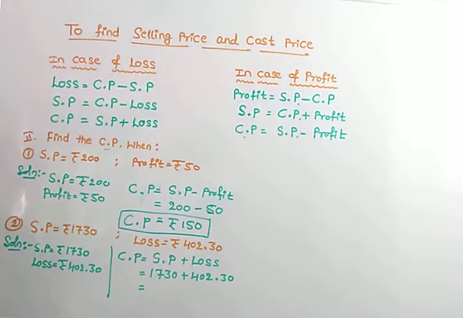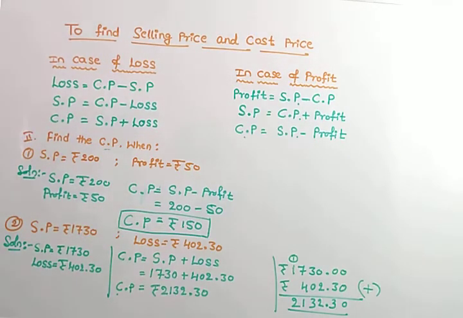This is a money addition. You should add like this. Finally we get the cost price is equal to 2132 rupees and 30 paise.